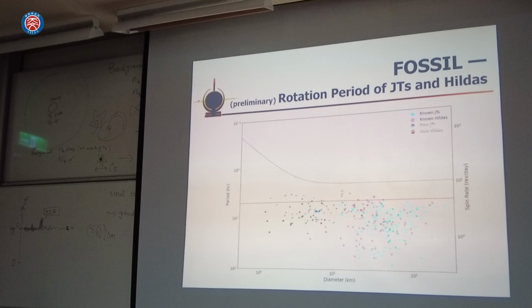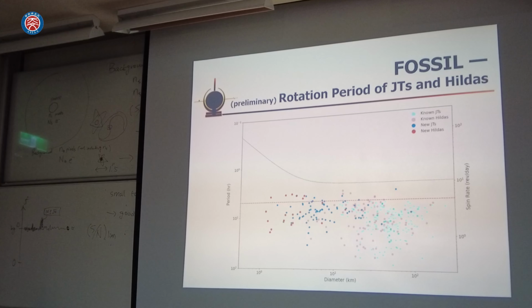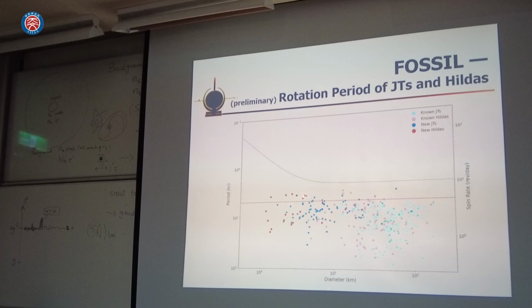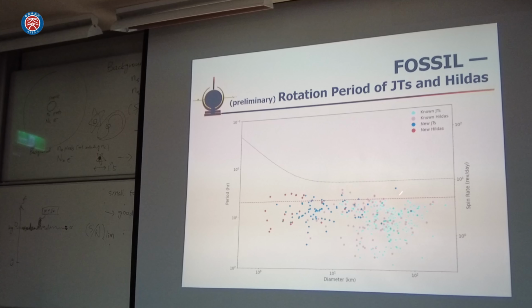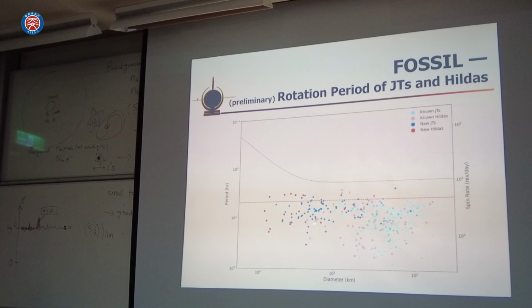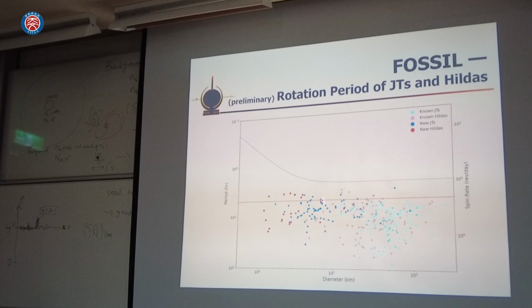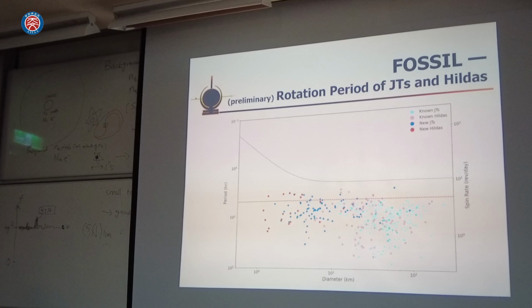And with the update of the new result, we have new Jupiter Trojans with rotation period in dark blue, and also new Hildas in red.